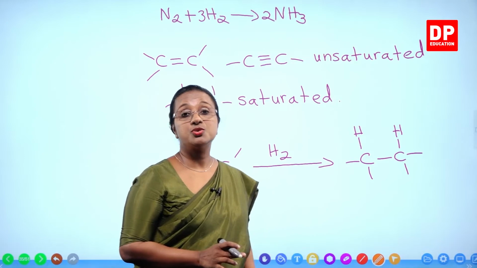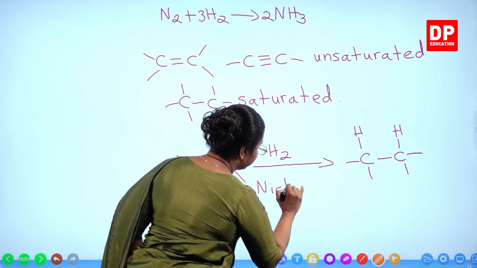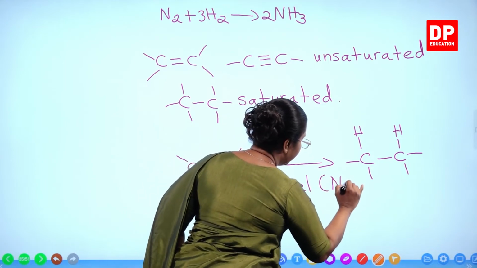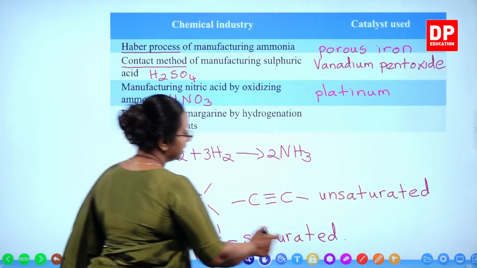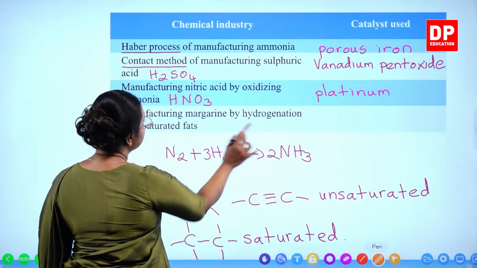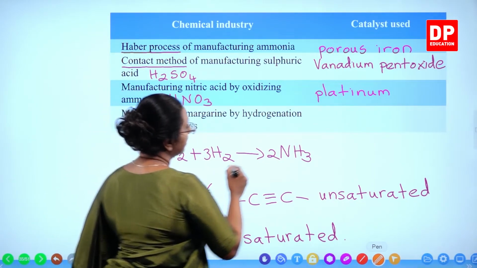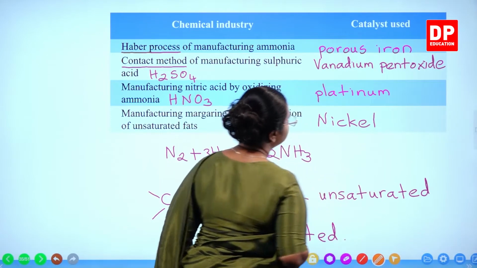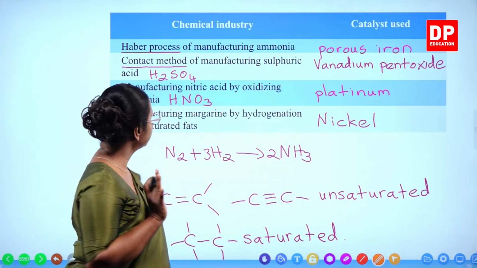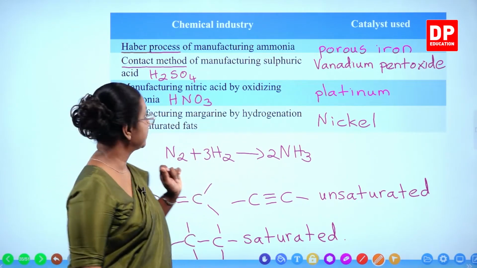Now, for this also, we use a catalyst, and the catalyst is nickel. Nickel, again a metal. So that is also a catalyst. Manufacturing margarine by hydrogenation of unsaturated fats, for that we can use nickel. Can you all see that, students? In the Haber process of manufacturing ammonia, we use porous iron.